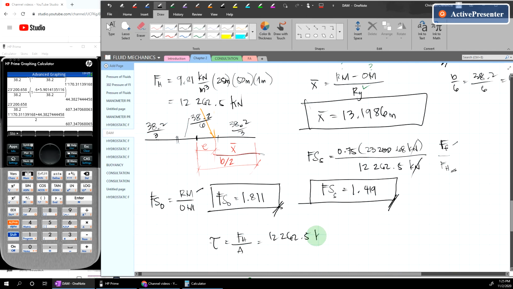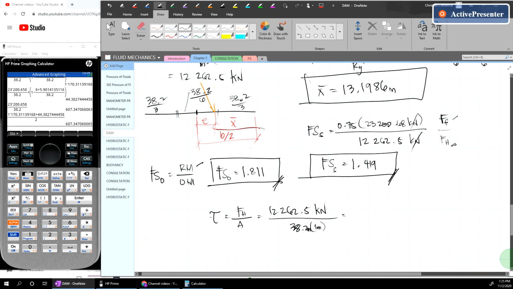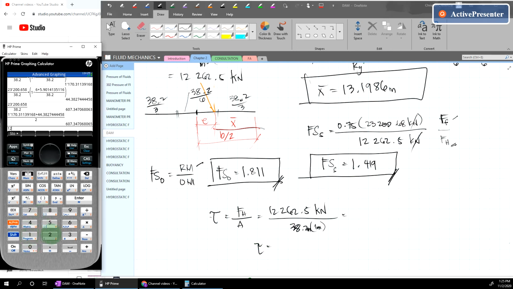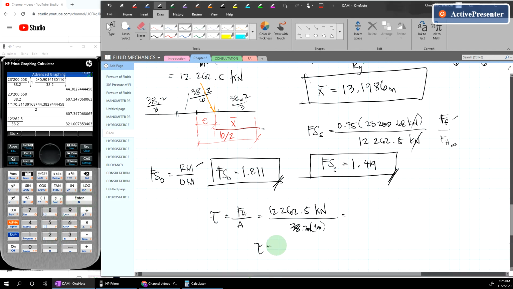So, this is in kilonewton over area natin na 38.2 by 1 meter. So, 12,262.5 divided by 38.2. Kilopascal.